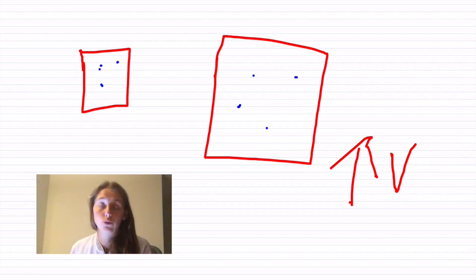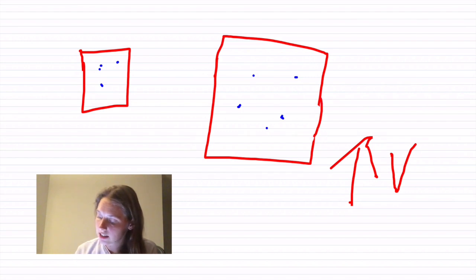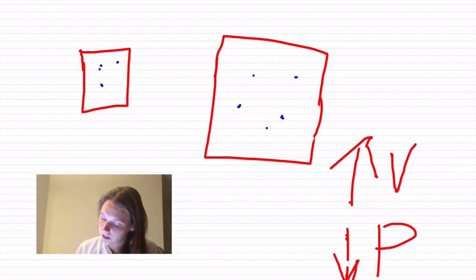You can see that those 4 molecules now have a much larger space to roam around. So they're going to run into the sides of the walls a lot less often. They're going to put less pressure against that container. So if volume goes up, pressure goes down. And that's what Boyle's law says, that volume is inversely related to pressure.